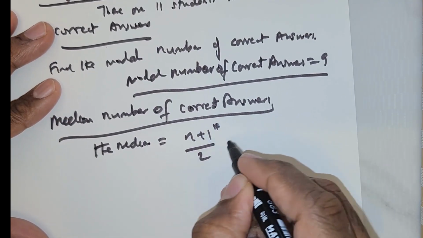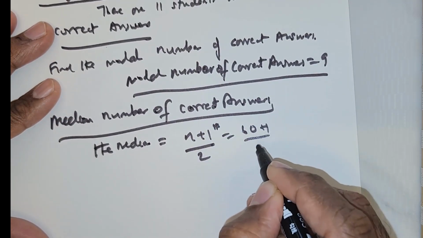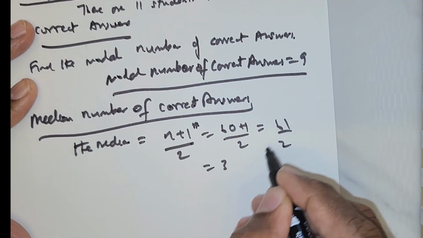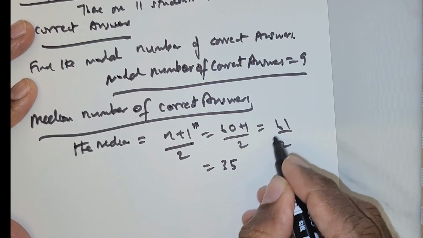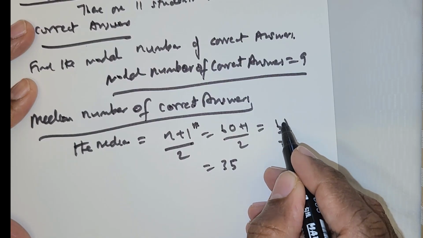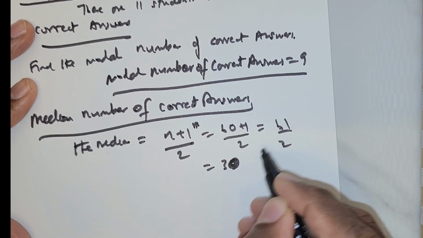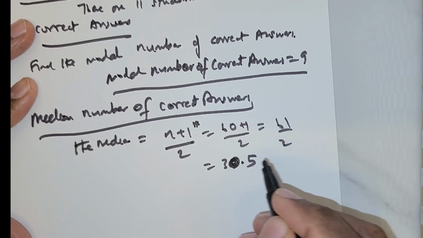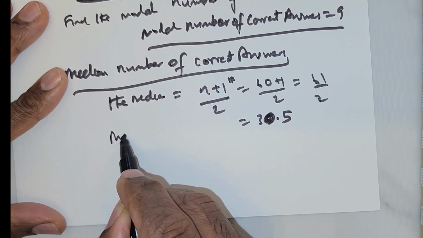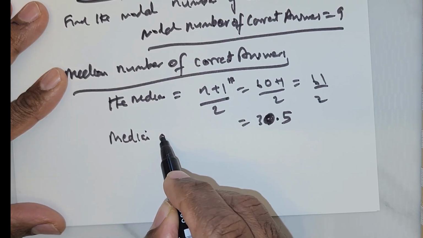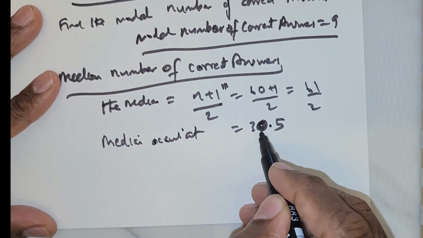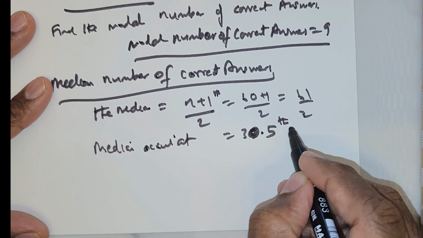That is the spot where the median will occur. 60 plus 1 divided by 2, 61 divided by 2, that is 30.5. So the median occurs at the 30.5th entry.